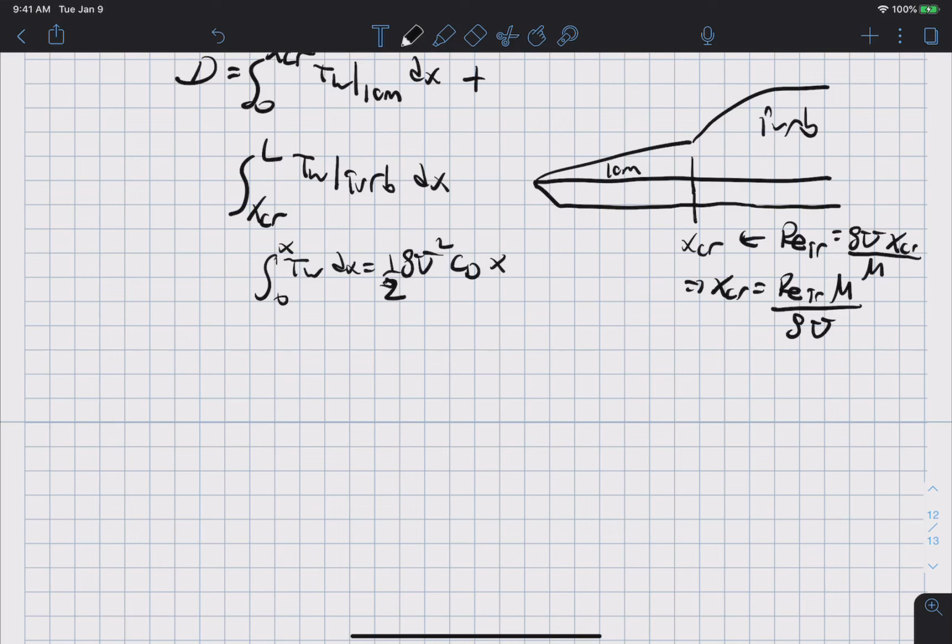Okay, and again, we're assuming unit depth. Okay, so we can use the drag coefficient to evaluate this.